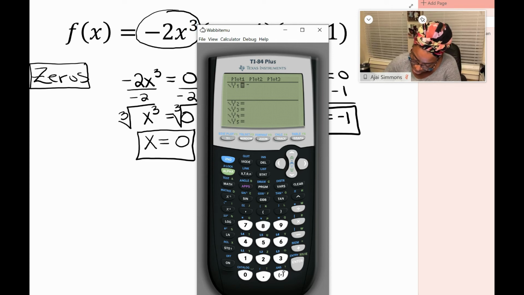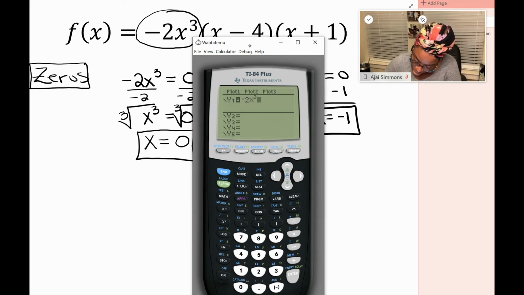So I put negative 2x to the third, parenthesis x minus 4, like literally put it in there exactly how you see it. All the parentheses and everything. Okay, so I have it in there like that.